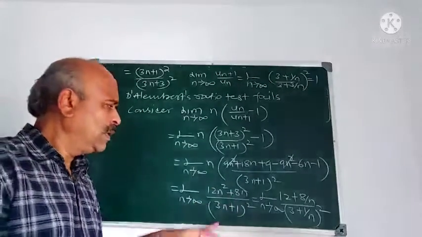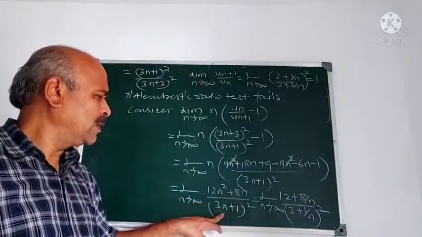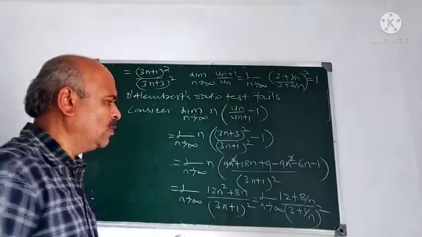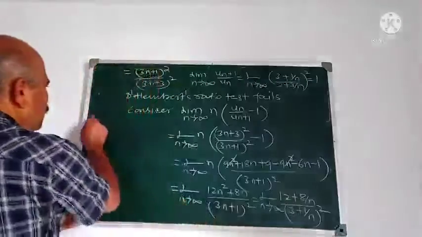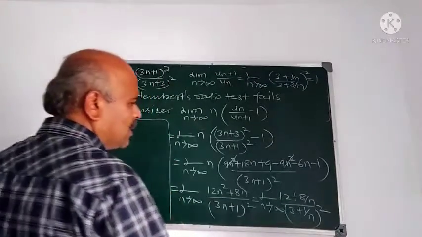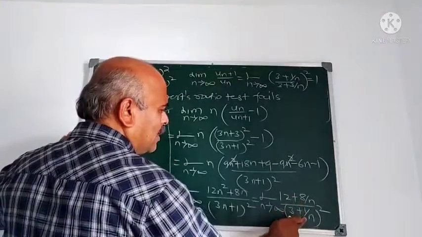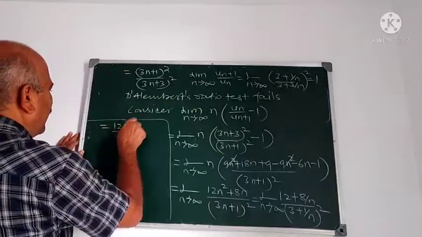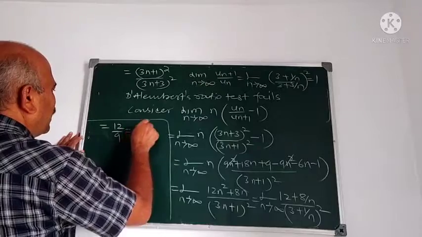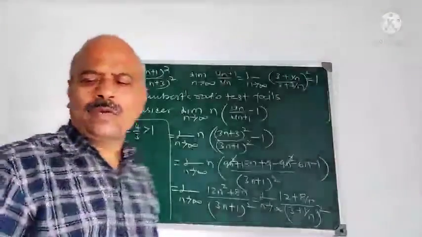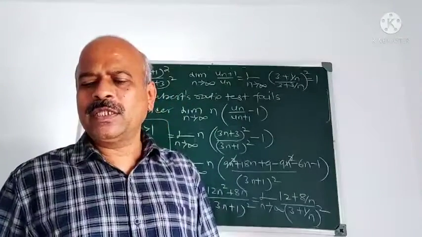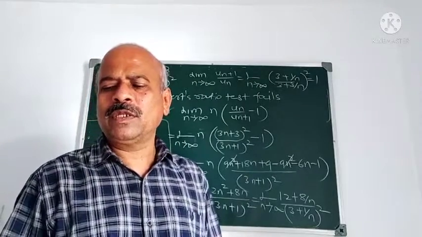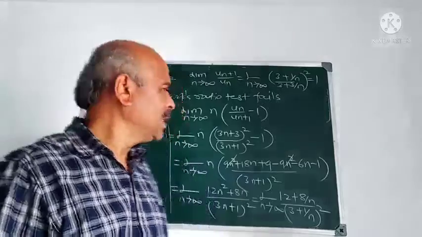Dividing by n square, we get 3 plus 1 upon n whole square. As n tends to infinity, what is the limit? 1 by n is 0, so 12 by 9, which means 4 by 3, greater than 1. So the given series converges. Is it correct?